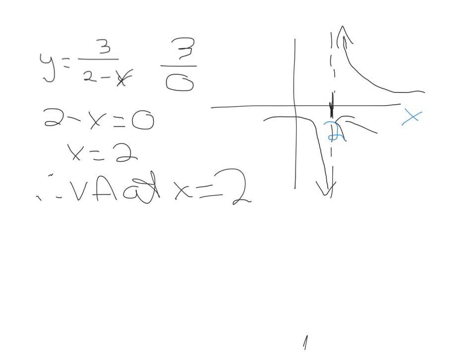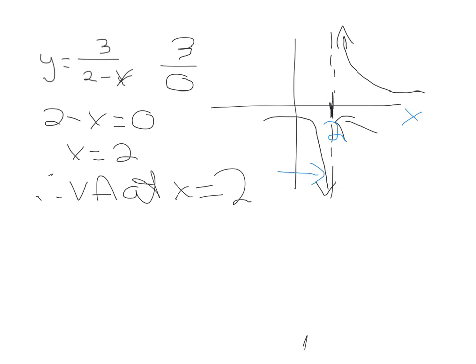So one of the things that we do after we found that value is we try to find out how the graph is behaving or acting as it comes closer and closer to that line. So what we do is we just pick a value just before we would get to 2 if we were coming from left to right. So something like 1 would work.